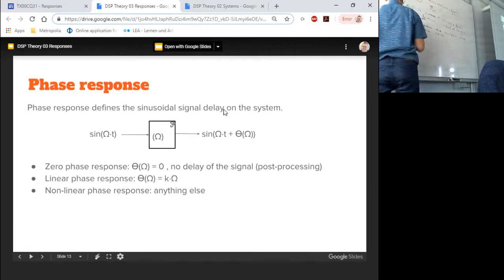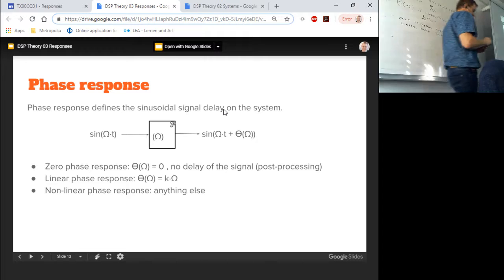Non-linear phase, well, in acoustics it doesn't really make much difference, as long as the time shift is not more than, say, 10 milliseconds, which is the amount of time at which people start to recognize the time shift of different channels.